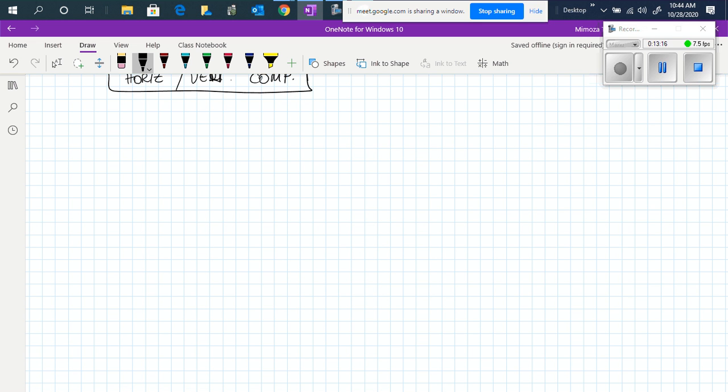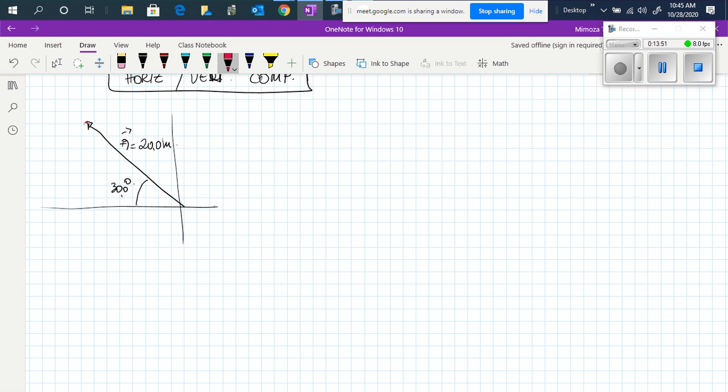So if we have a vector, any vector, let's say vector A, that is 20 meters at 30 degrees west of north, the way that we find the horizontal and vertical components is by creating, from the tip of the vector, a right angle triangle that includes the given angle.